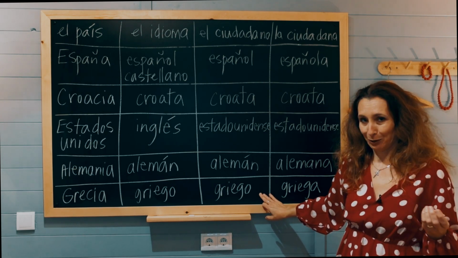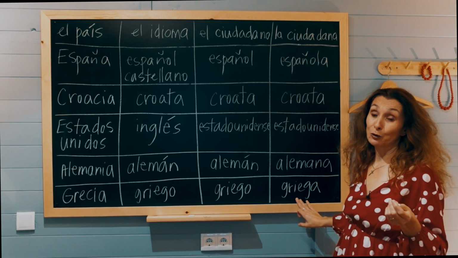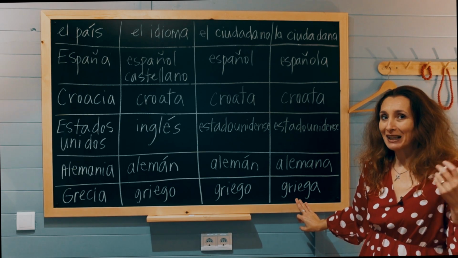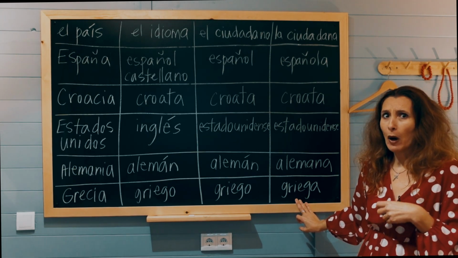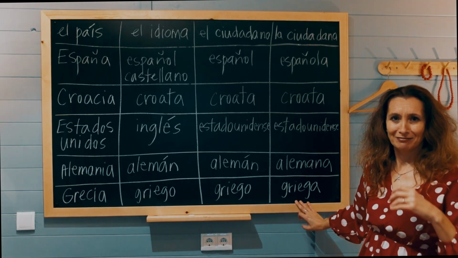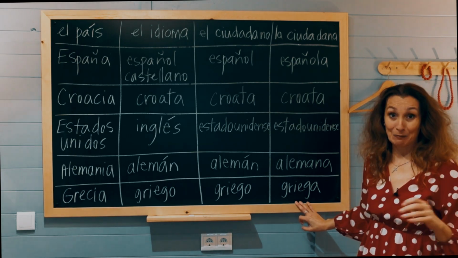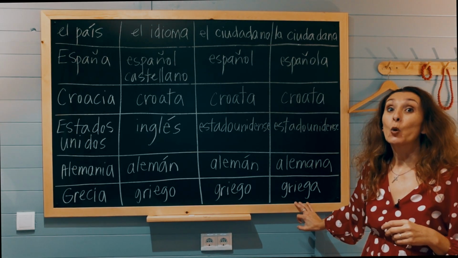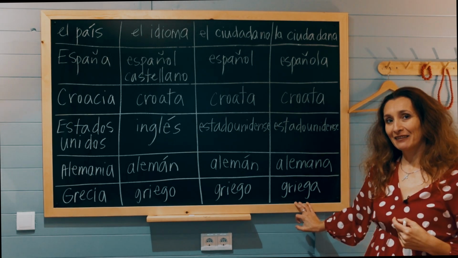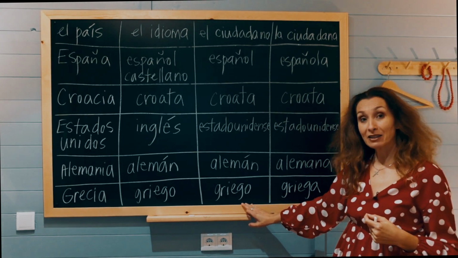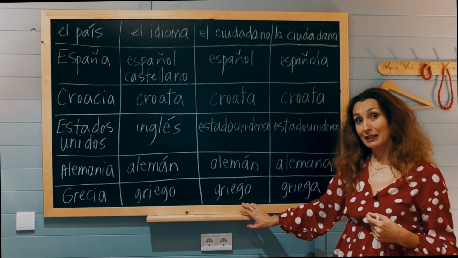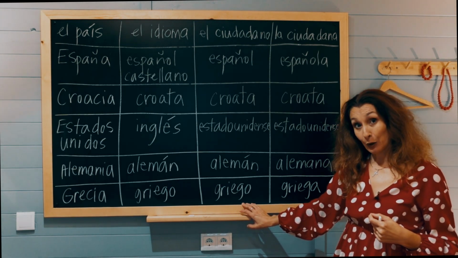But a beautiful Greek woman, una griega guapa, or you could even say guapísima. More than beautiful, she's stunning. No? Una griega guapa or guapísima, with a feminine ending for griega and a masculine ending guapo for a Greek man or un griego.